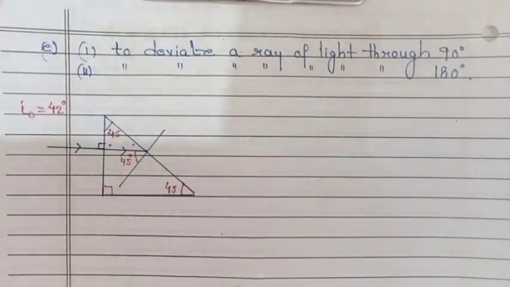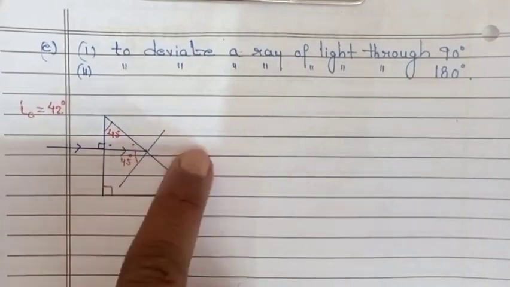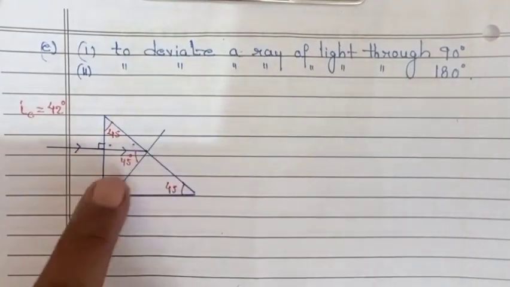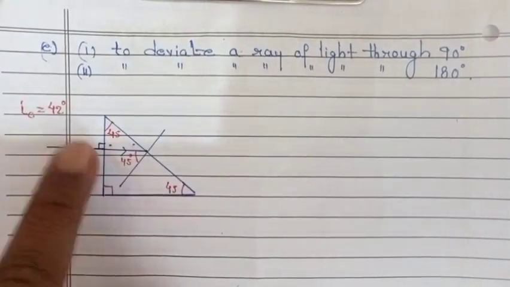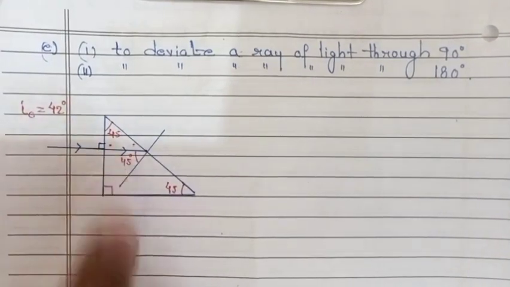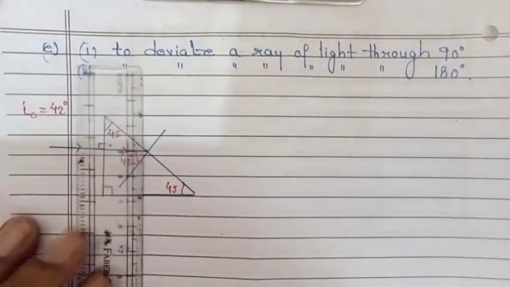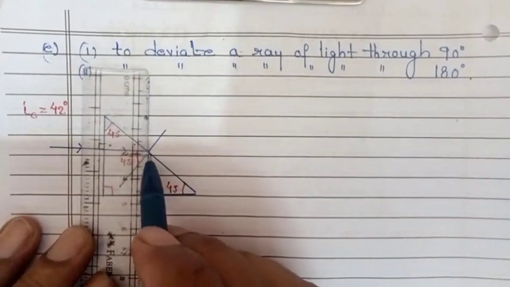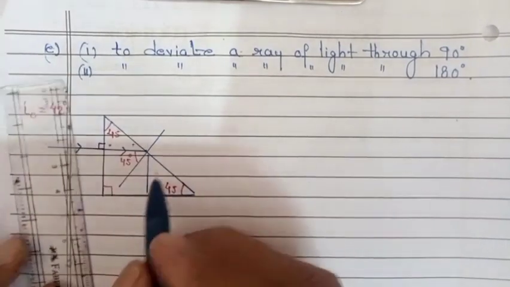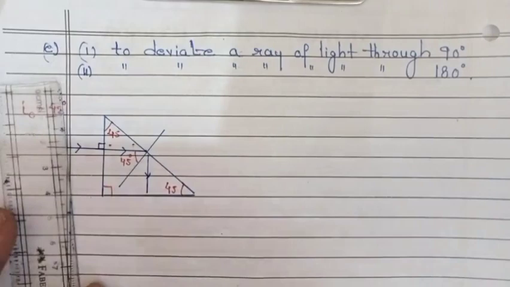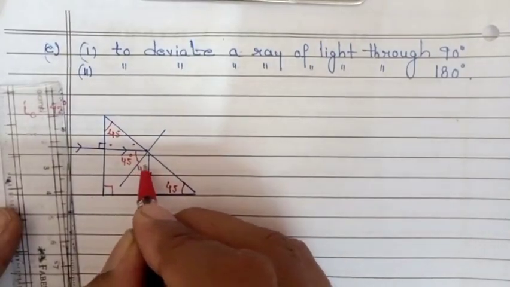Now you see this ray is traveling from denser to rarer. Secondly, angle of incidence is exceeding the critical angle, so total internal reflection will take place. So this ray will be directed in the downward direction, and here the angle of reflection will be 45.